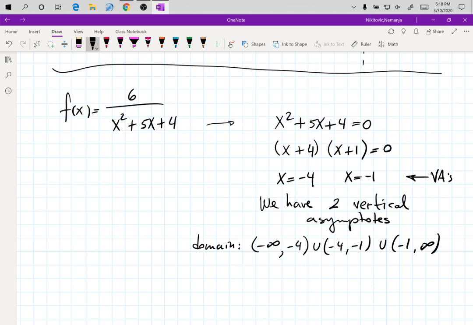We are kicking out those two locations where the vertical asymptotes are, because our function cannot be computed at those values.